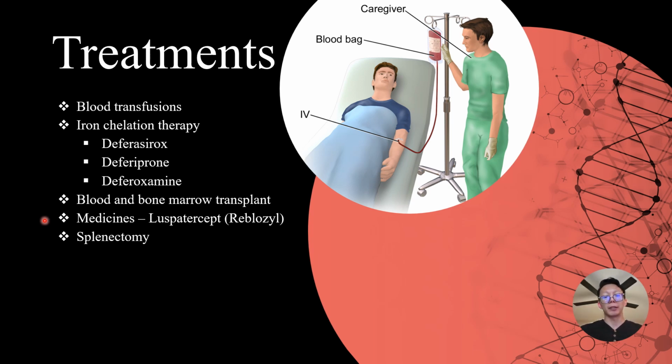We also have a medicine known as Reblozyl that the individual can take. And then again, in severe cases, we can also do a splenectomy to remove the spleen for the affected individual.